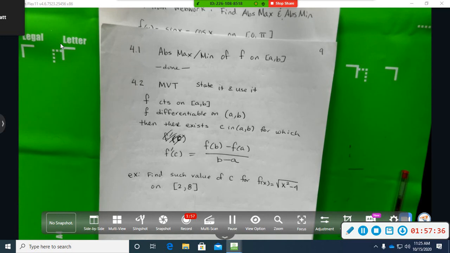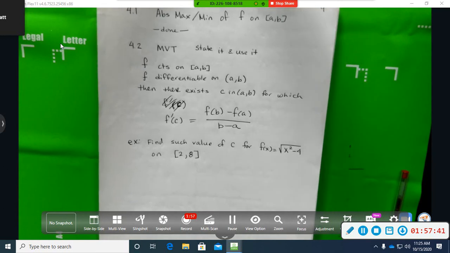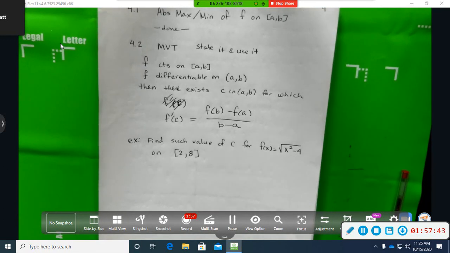I wonder if I just made a hard problem. Depends on what the derivative looks like. Oh, f of 8's not a very good number. Square root of 60. Yeah, who cares? Numbers. Go with it. Roll with it.